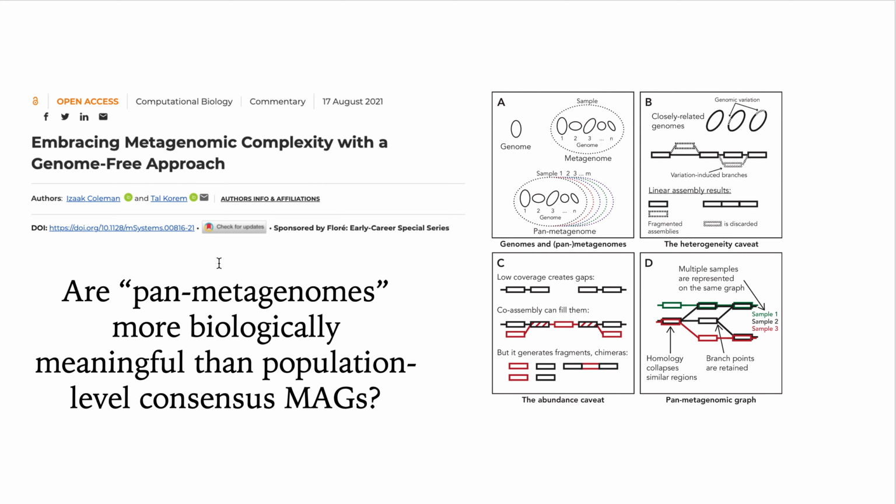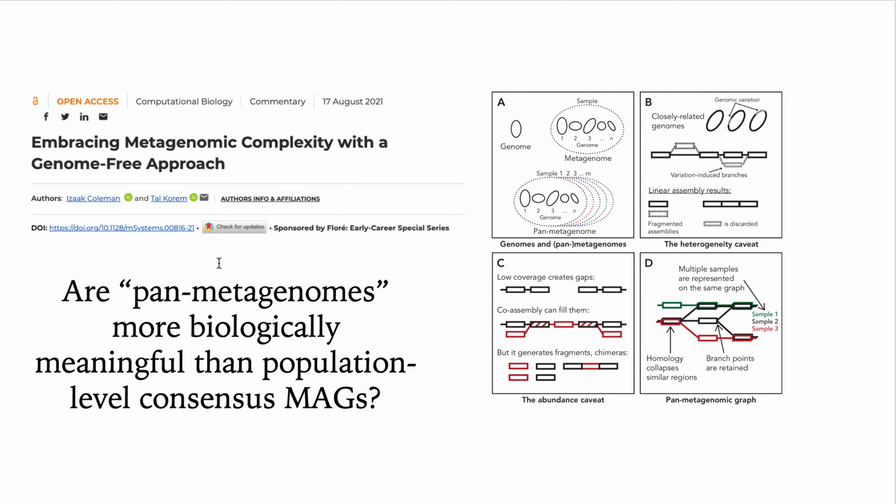But the truth is that microbes are constantly exchanging genes by horizontal gene transfer, and they're constantly evolving vertically as well. And often you might have a group of very closely related populations where microdiversity is so high, you can't really get a consensus genome. And yet you want to find a way to represent these populations and to understand how their taxonomy and their function are linked. And it's a real challenge.